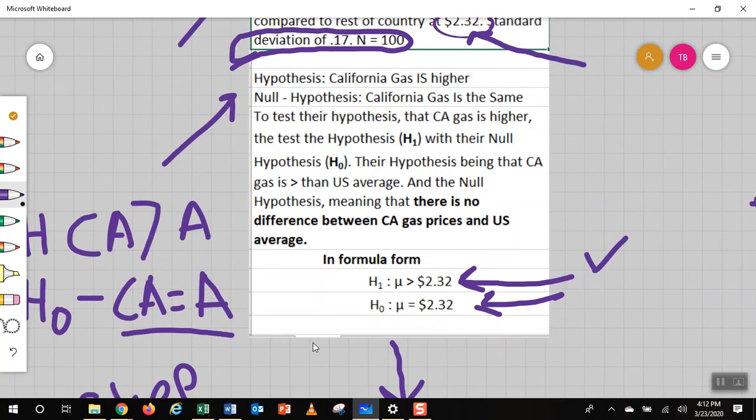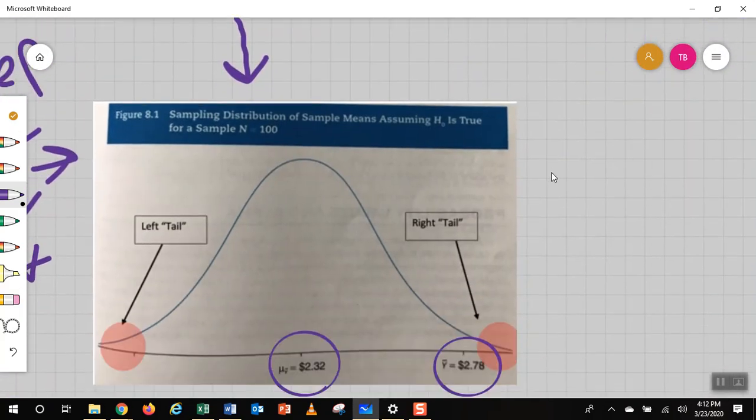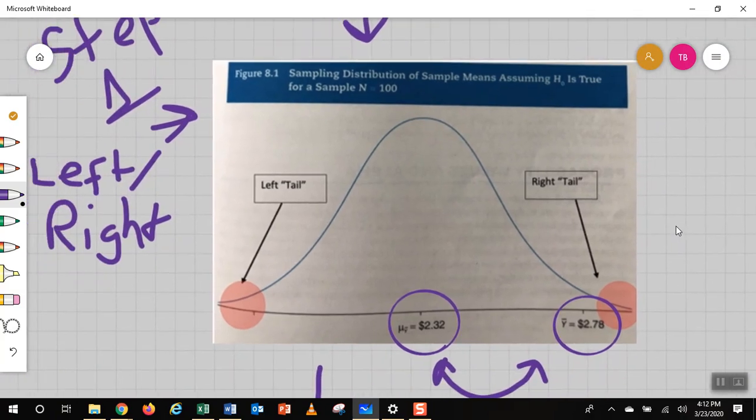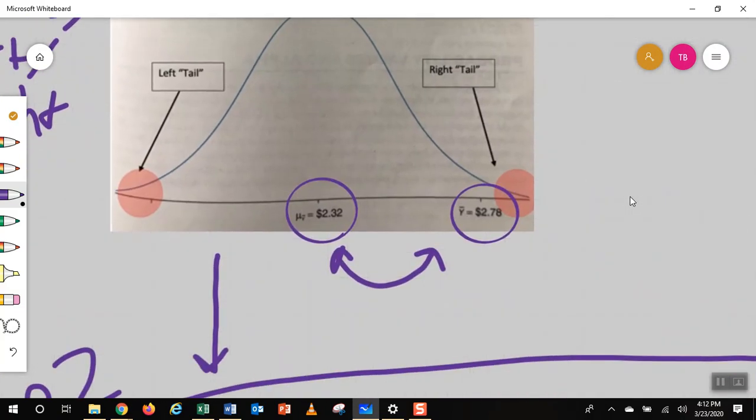So we're going to plug these numbers into the formula. And we will look down then. So step one, from up above, is this a left or right tail test? And as you can see, the 2.78 is to the right of the average of 2.32.